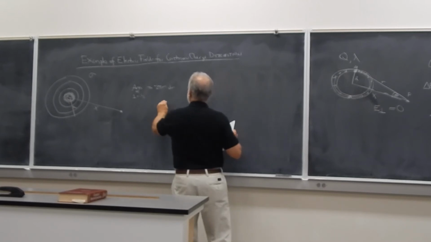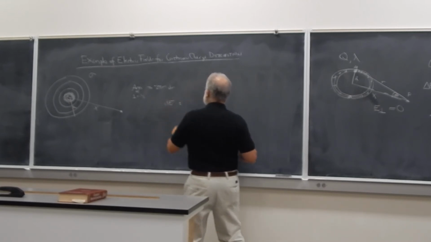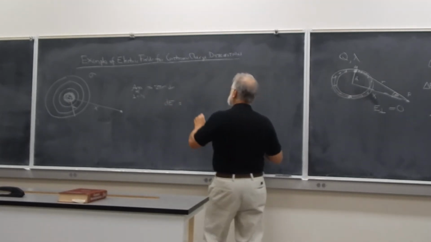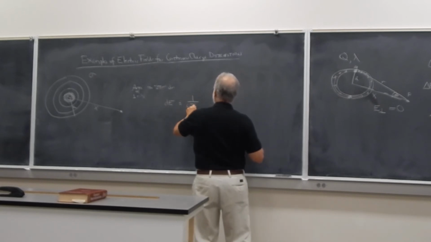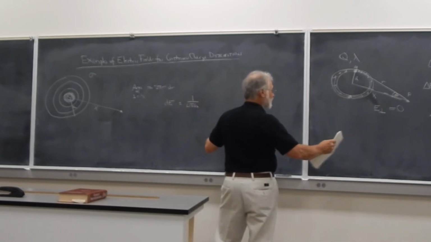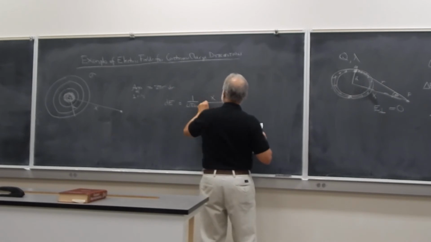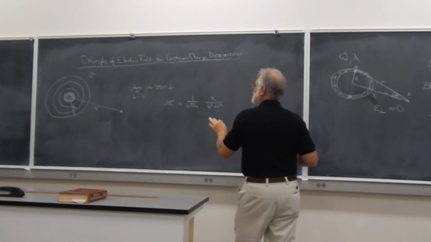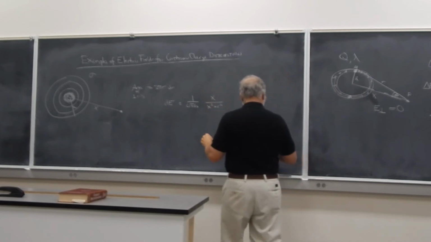So I could write my electric field of one element as 1 over 4 pi epsilon naught. I'll use what I had from before. This would be x over x squared plus r squared, little r squared, because it depends on where I am in the ring, in the disk.